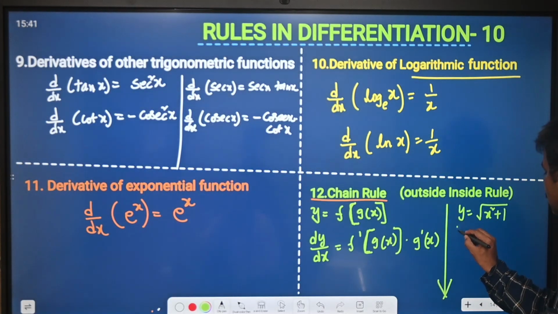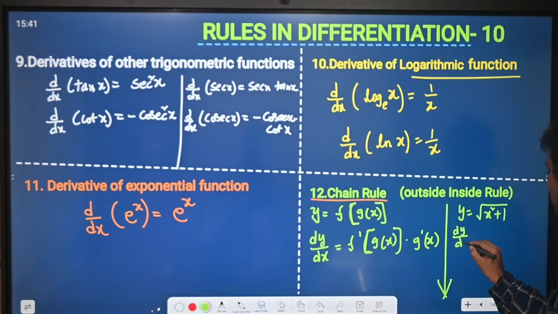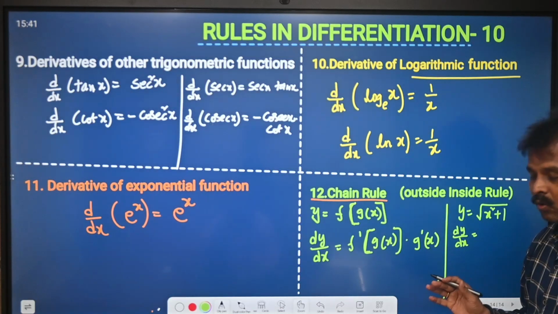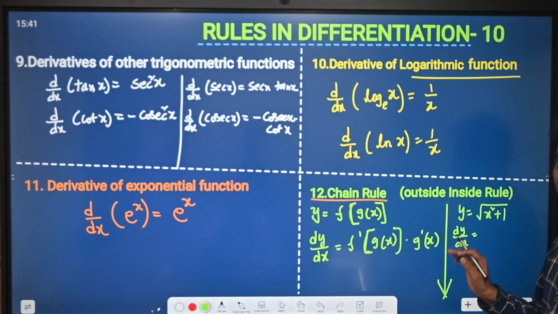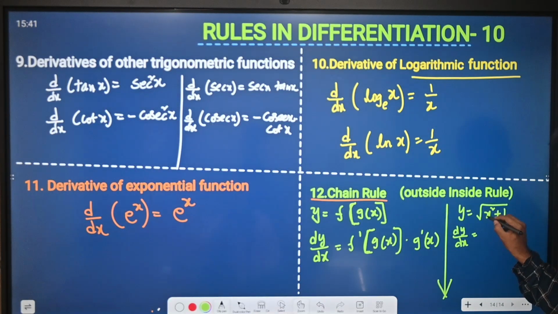So this can be written as dy by dx. First, whatever may be the quantity inside this root, the derivative of root x is 1 by 2 root x. So derivative of root x square plus 1 is 1 by 2 root x square plus 1, because x square plus 1 is completely the variable here.